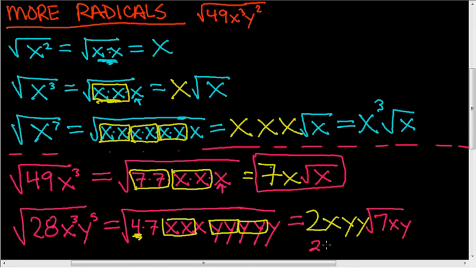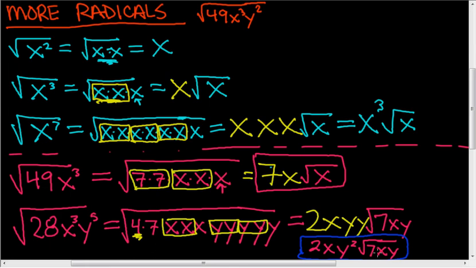This is 2x y squared square root 7x y. So this is what it simplifies to. Square root of 28x to the 3y to the 5th is the same as 2xy squared times the square root of 7xy. You try to take out as much as you can from the square root, and then whatever's left over stays on the inside.